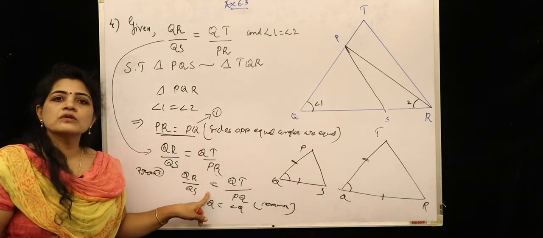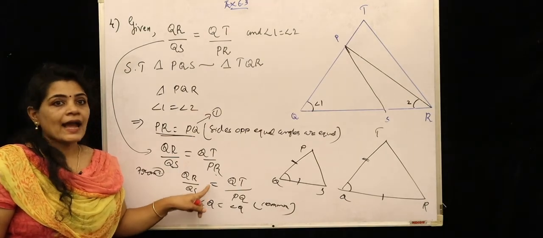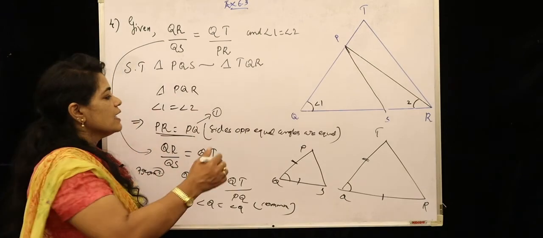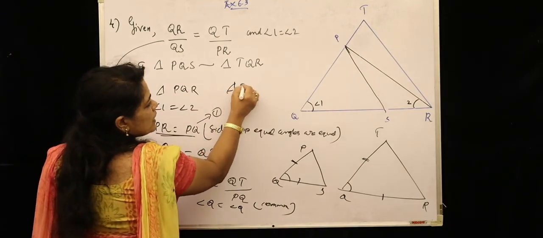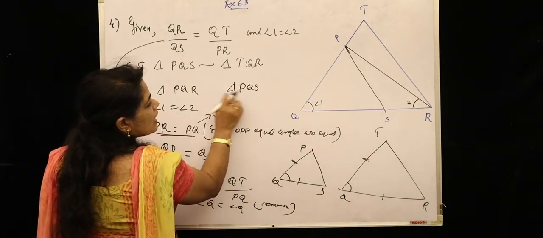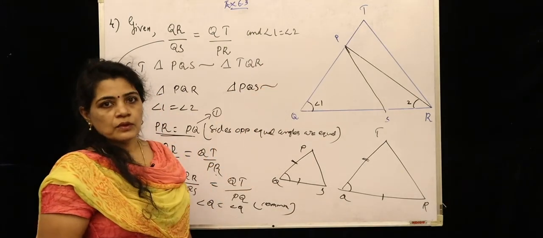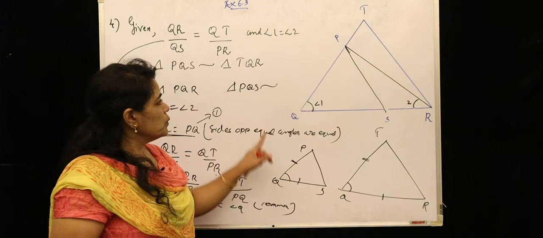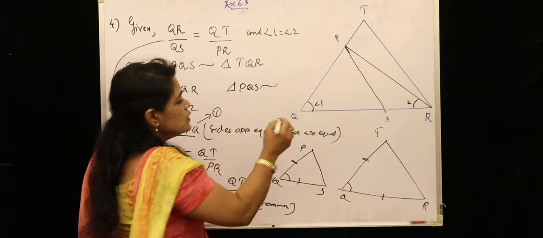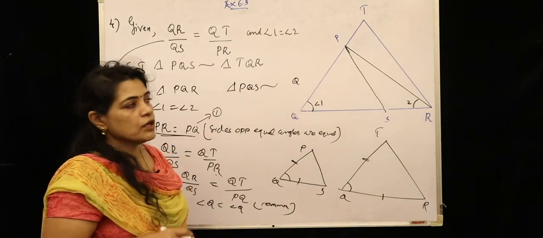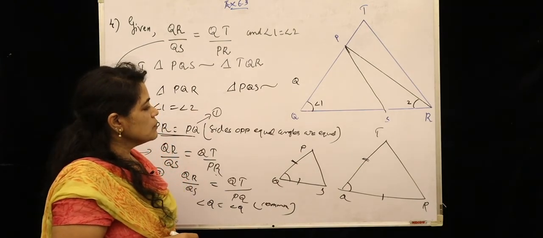So these ratios are the same, and angle Q is the common angle, which implies triangle PQS is similar to triangle TQR. Where is Q? Q should come in the middle position, in order to write the correct symbolic form.